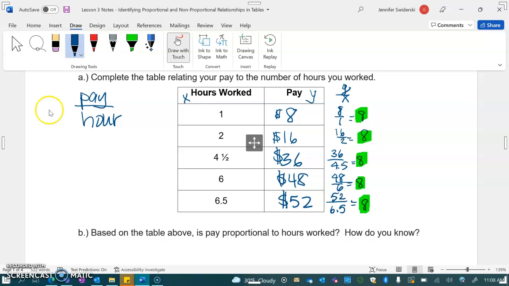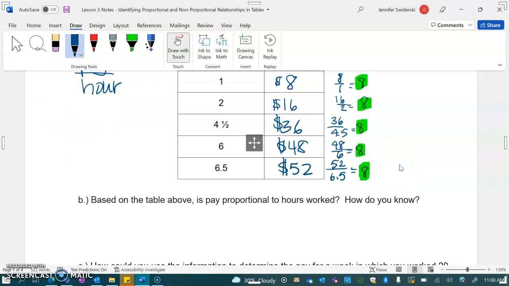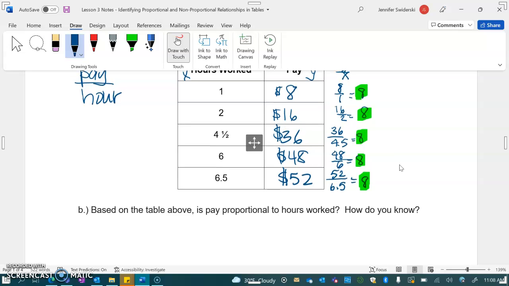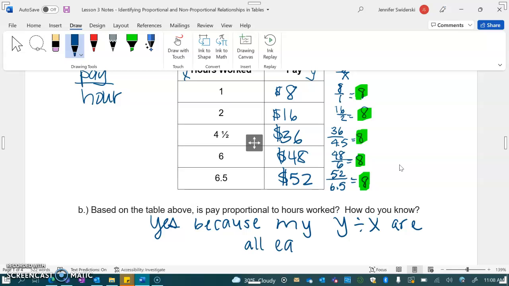And you're going to learn about this in 8th grade. It's called your constant. So based on the table above, is pay proportional to hours worked? How do you know? Yes, because my y's divided by my x's are all equivalent.